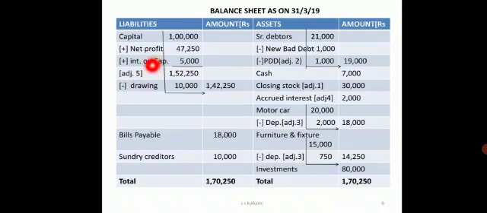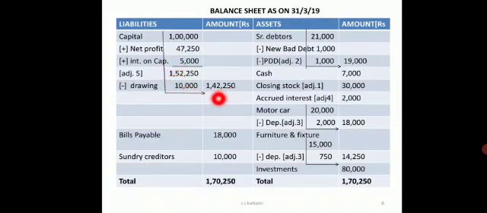So interest on capital is debited to profit and loss account and added to capital on the liability side. So you have a total of 1,52,250. Now from this, drawings during the year made by the proprietor reduce the capital. Therefore I should reduce 10,000 from the capital.